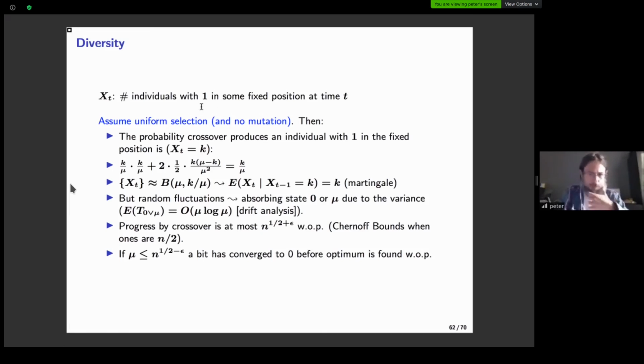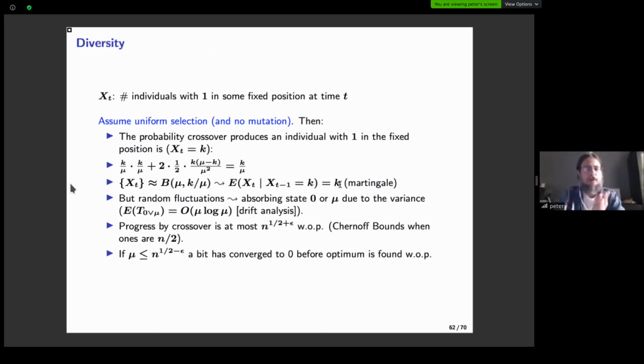Then assuming that we have k individuals with a 1 in that bit position, the probability that crossover produces an individual with a 1 as an offspring is going to be k over mu. This is just calculated by looking at the probability that both parents have a 1 in that position, or the only other option is that one parent has a 1 and another one has a 0. Doing the maths, we work out that's k over mu, which means that in expectation, if we've got k individuals with a 1 in that position, the offspring will also have k 1s in that position.